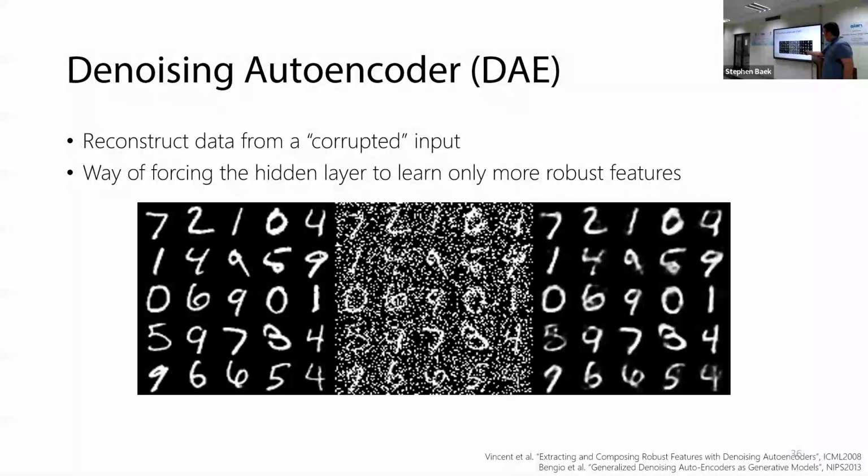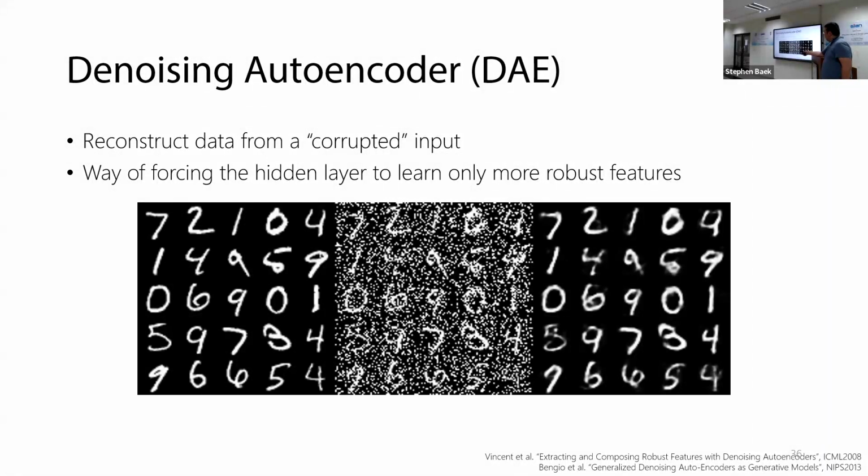In computer vision, it's called salt and pepper noise. So you create a random set of white pixels and a random set of black pixels, and then corrupt the input so that the image of 7 now looks like a weird, almost TV static, right? But the structure of 7 is kind of there; it's not completely gone, right?